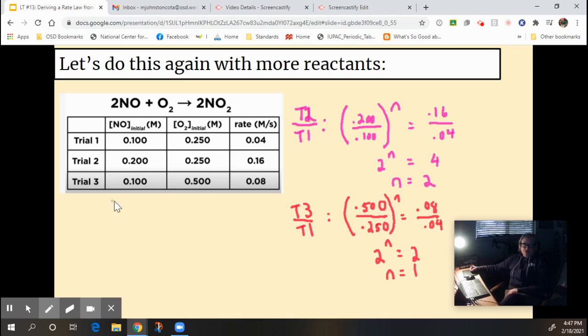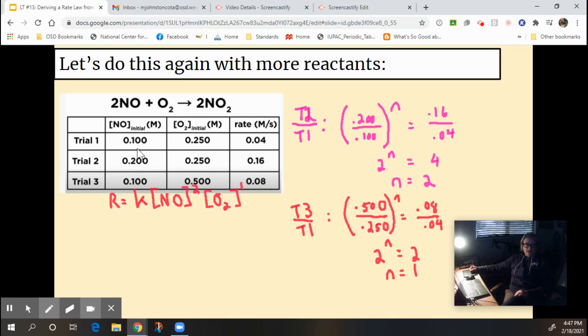So before I actually figure out my overall rate law, I can write what I've got already. My rate is going to be equal to that proportionality constant, concentration of NO to the second power, or second order, concentration of O2 to the first order. Let's figure out what K is going to be now.